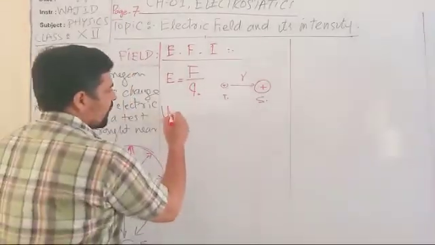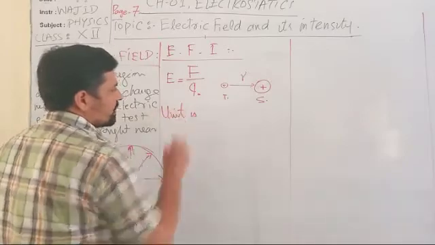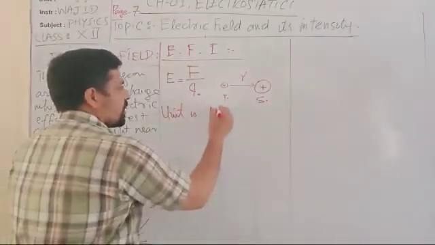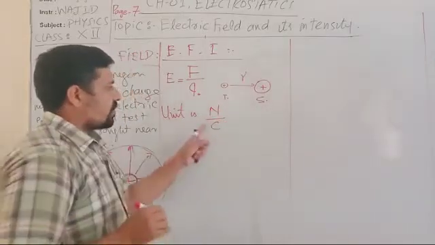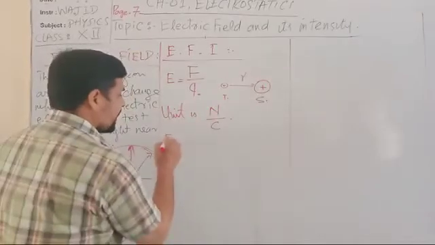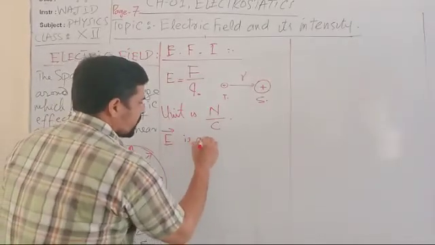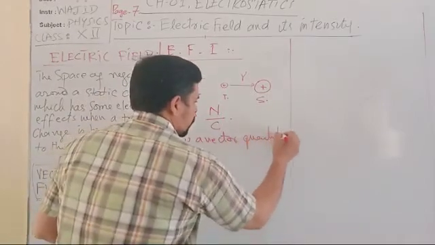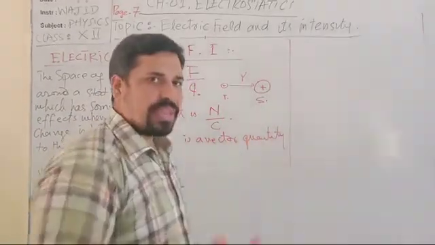The unit of electric field intensity, looking at the equation, is Newton per Coulomb. As electric field intensity is a vector quantity, it must have a magnitude and a direction.